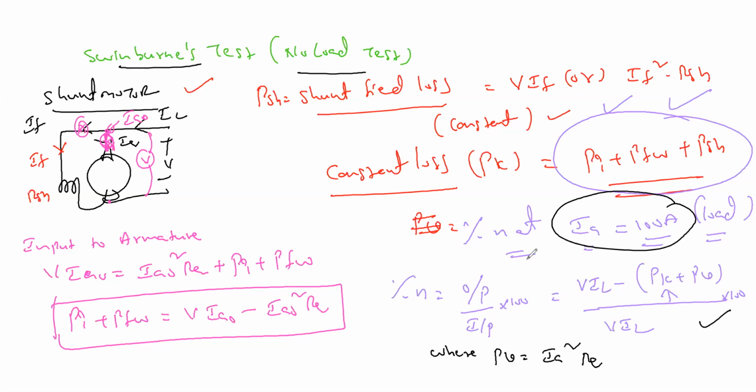So please copy this one, Swinburne test 1 point. It's a no load test. Shunt motor is operated under no load to find the constant losses.